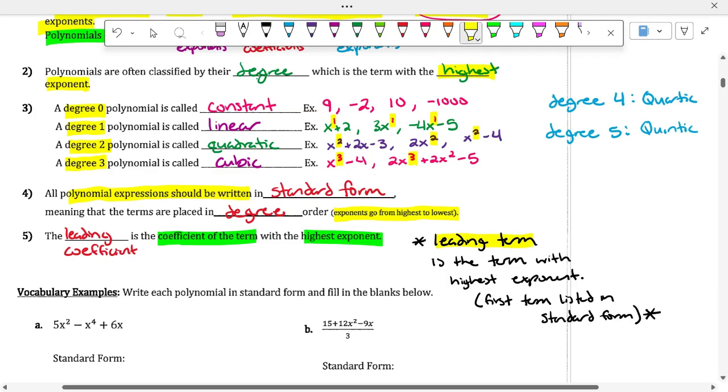I'm dropping this because you may see it: the leading term is the entire term, so the leading coefficient is just a number, while the leading term is the whole term. For example, back to this example, the leading term is 2x cubed. It's the whole term that you list first in standard form. The leading term here is negative 4x. The leading term here is x squared, the whole term that we listed first.